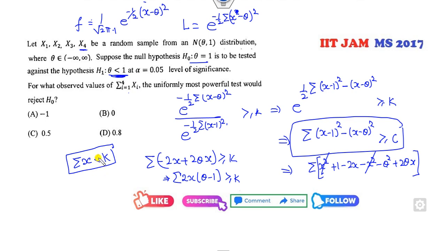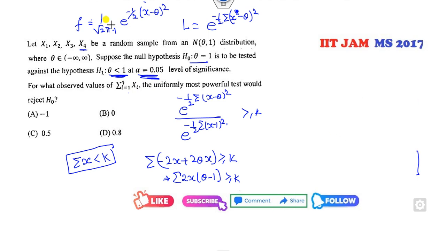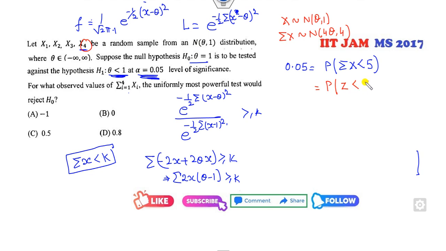So can you find the value of k by using the level of significance? So how can you find it? 0.05, probability of summation of x is less than k. Fine. If x follows a normal distribution, what is the summation of x? N is 4, so again it's a normal distribution with these parameters. Fine. So I can convert into z, under the H0, this is 4 comma 4.